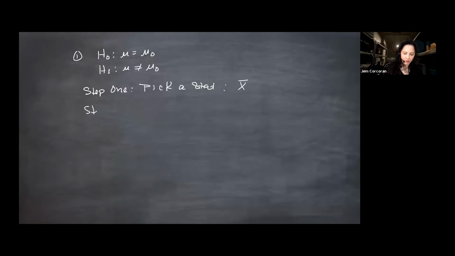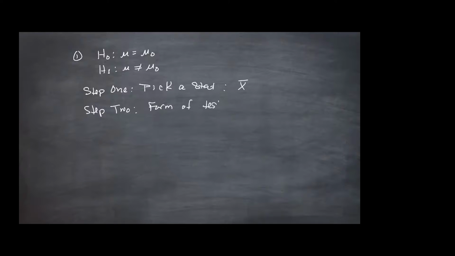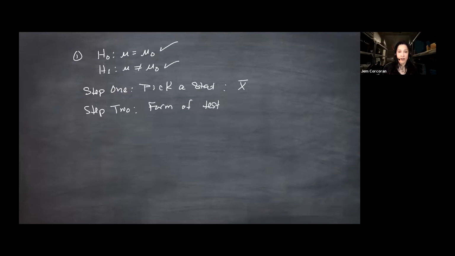Okay, but step 2, the form of the test. This is going to be like, how does the alternative hypothesis being true get reflected with that statistic? And so you want to reject this null hypothesis in favor of this alternative if X bar is significantly higher than mu naught or significantly lower.